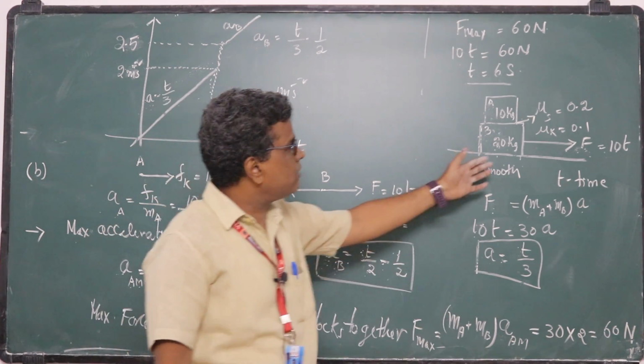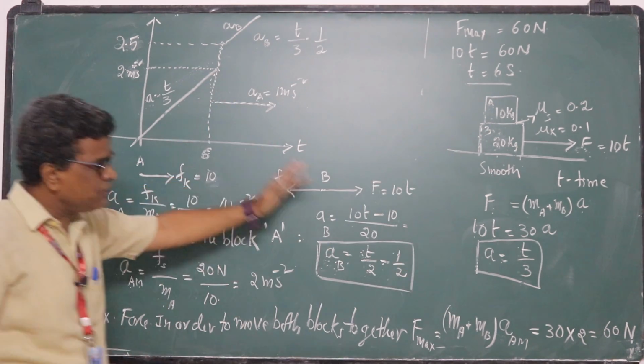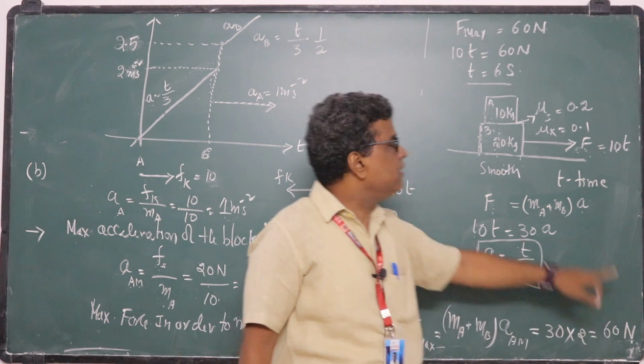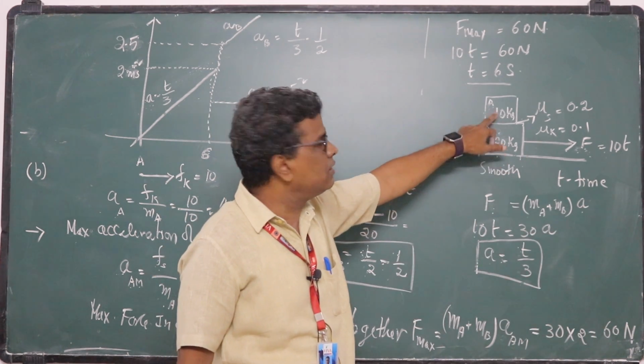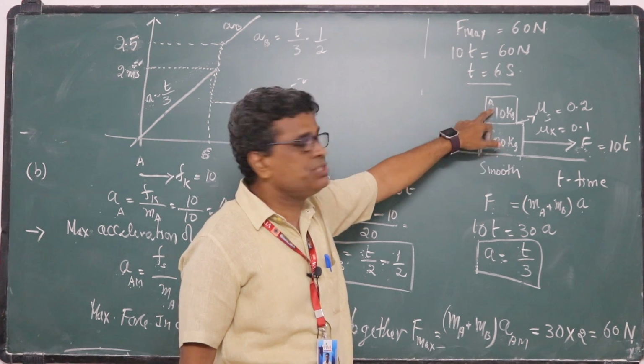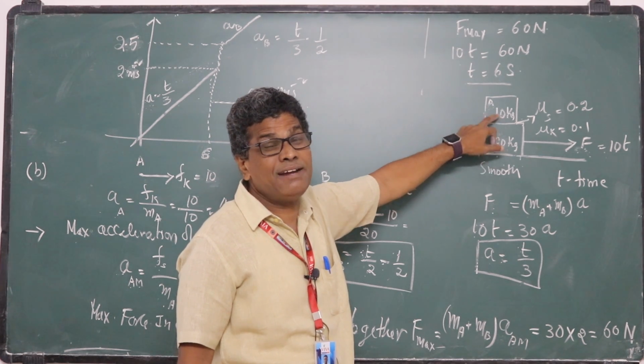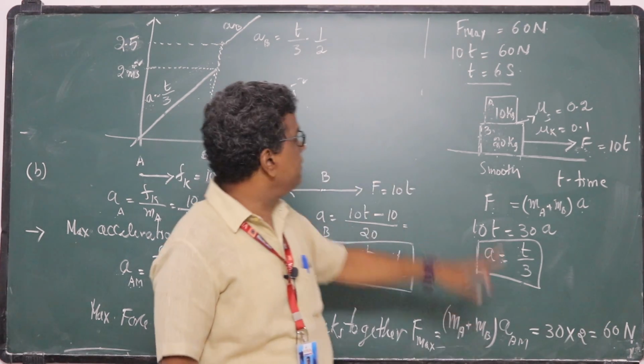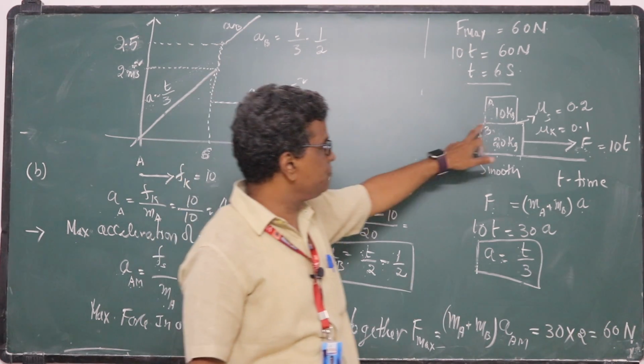Once after crossing 6 seconds, the applied force increases beyond 60 newtons. Then what happens? This block just starts slipping. At that instant, the force acting on the body is 60 newtons and the time is 6 seconds.